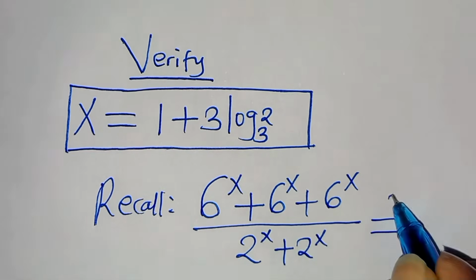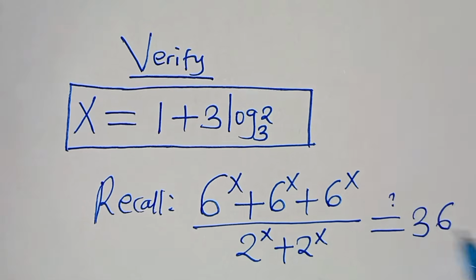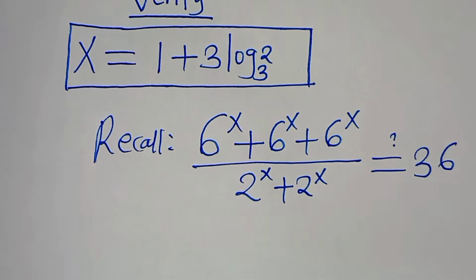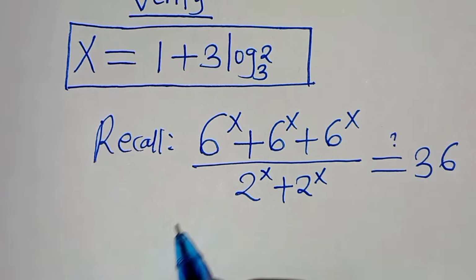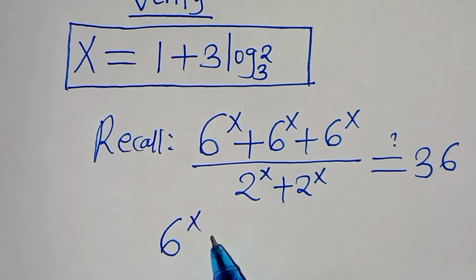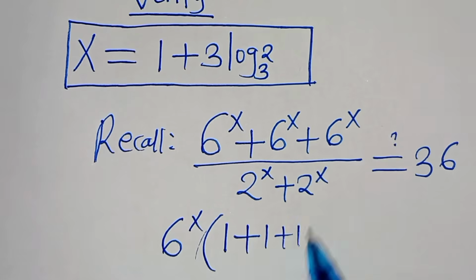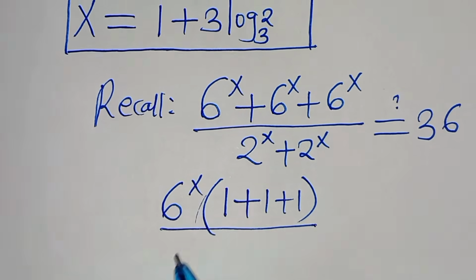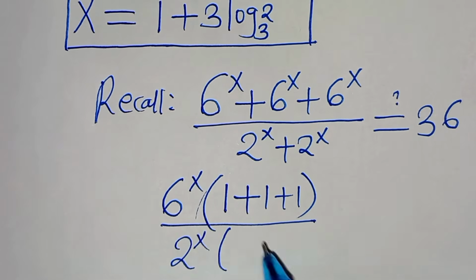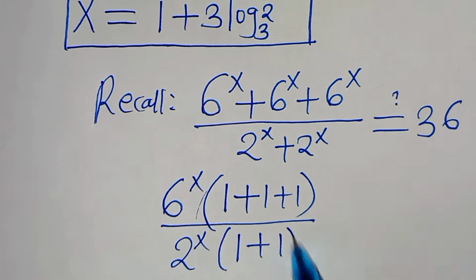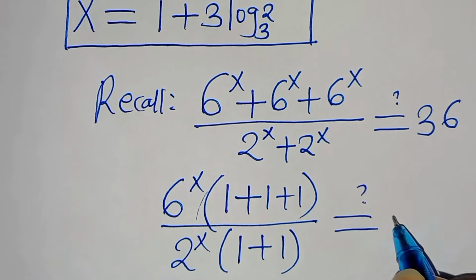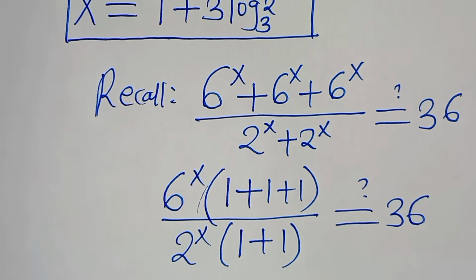This is supposed to give us a value of 36. Now 6 to the power of x in the numerator is common here, so we can express this as 6 to the power of x times (1 plus 1 plus 1 divided by 2 to the power of x) over (1 plus 1). This is supposed to give us a value of 36.